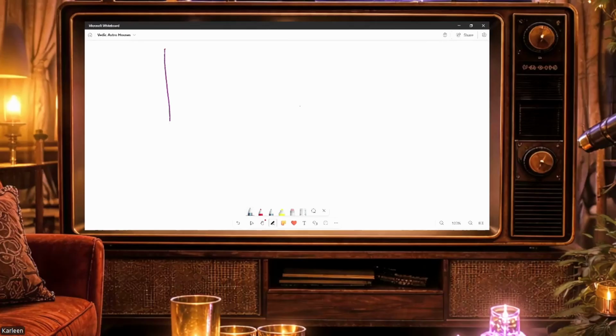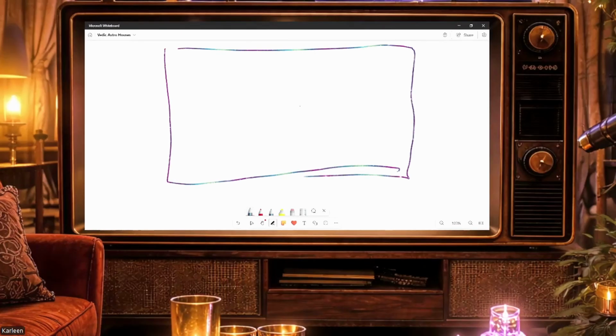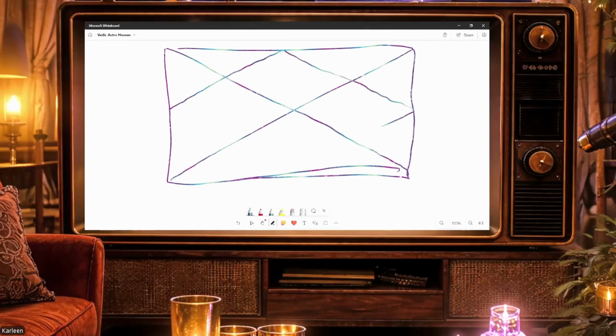In Vedic, we have a square chart, and this chart is then divided from corner to corner, and then from the middle to the middle, and again, and again, and again. And there you have the Vedic chart. Okay. So in the Vedic chart, the first house is this one. It always starts here at the top.